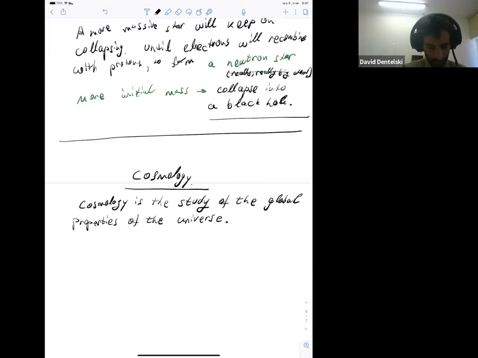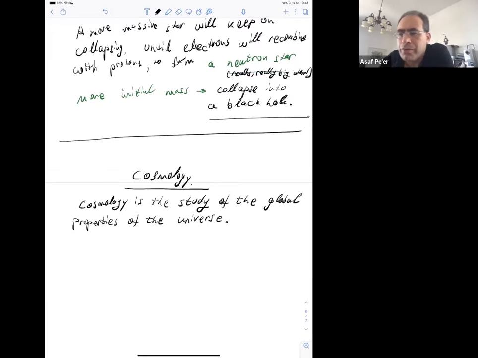In other words, Copernicus said, look, we are not at the center of the universe. Until Copernican times, people believed, or wanted to believe, that we are at the center of the universe and everything rotates around us. Somehow some people still believe that today, but no, we're not. So after Copernicus, we say that there is nothing special about where we are in the universe. We are just one object out of very many objects in the universe. So the Copernican principle basically states that the universe on large scale is homogeneous and isotropic.